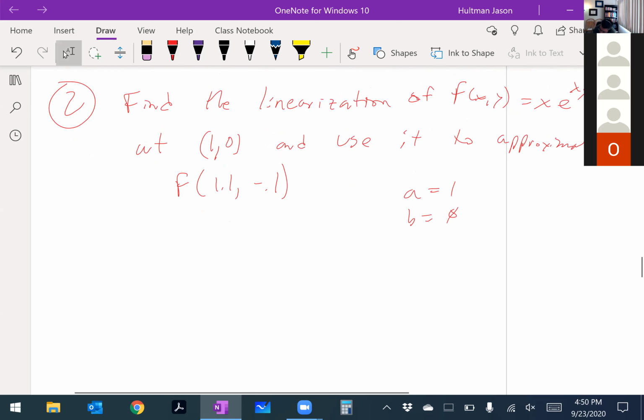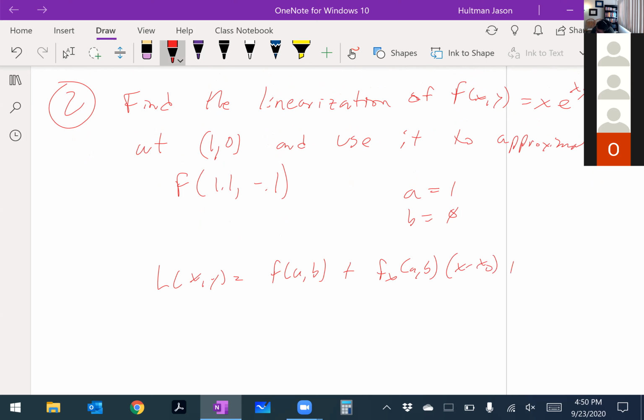Remember L of x, y is equal to f of (a, b) plus f sub x of (a, b) times x minus a, plus f sub y evaluated at (a, b) times y minus b. Sorry, this is a and this is b. Okay, let's just evaluate this and see what we get.